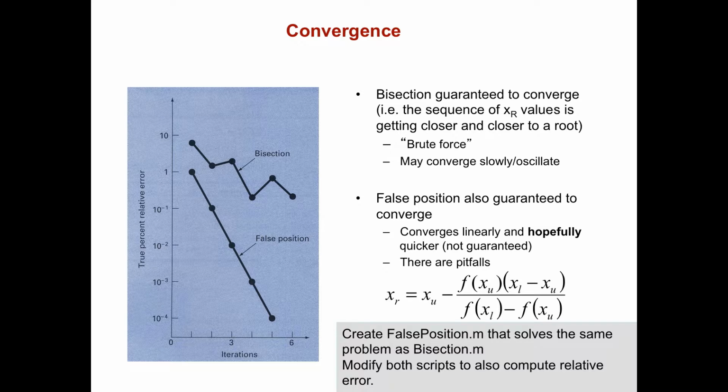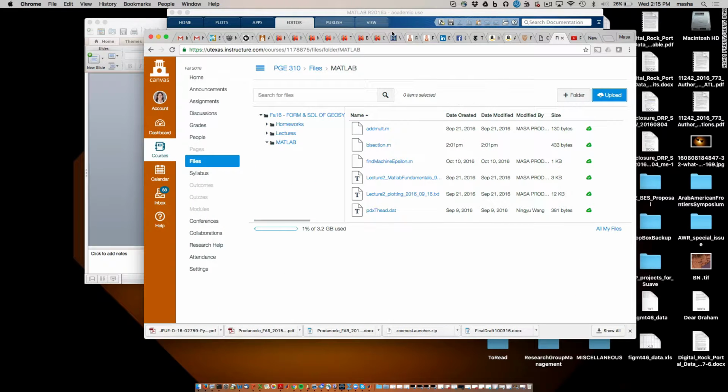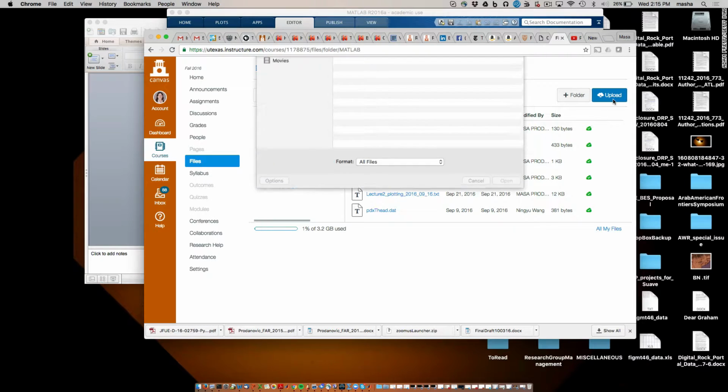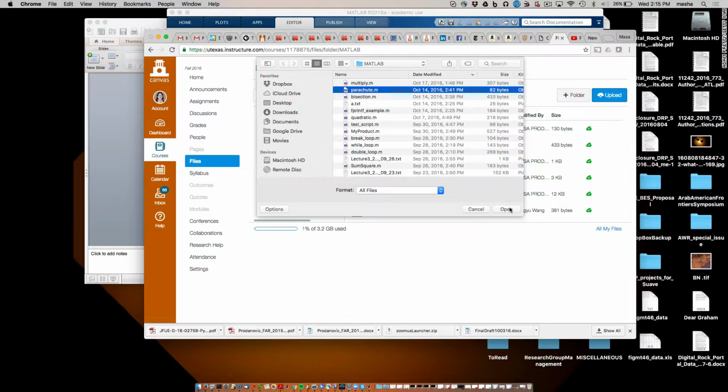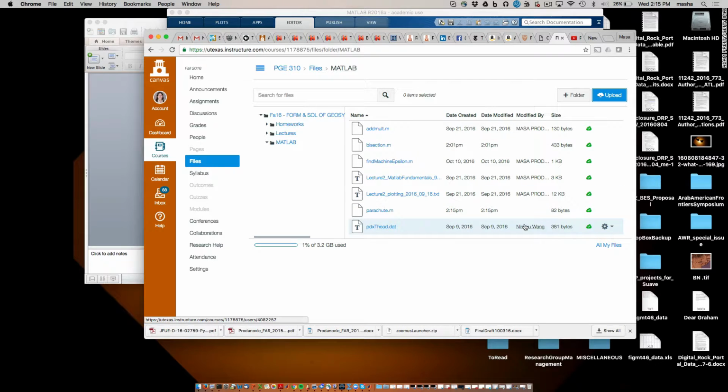Okay? You can work with bisection, either your file or this one. Oh, I probably didn't upload parachute.m. Let me upload that. So whatever works for you, work with my code or yours. So I uploaded both parachute.m and bisection.m.